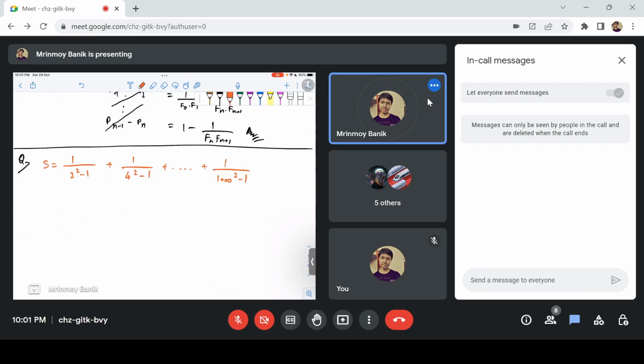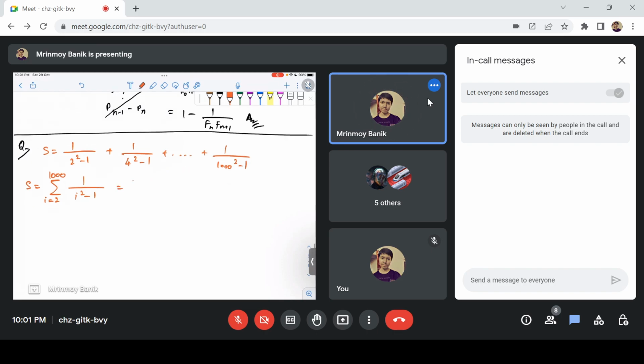How will you get s? So s is basically, i runs from 2 through 1000, 1 by i squared minus 1. You can write this as (i plus 1) into (i minus 1). And now the rest is simple.